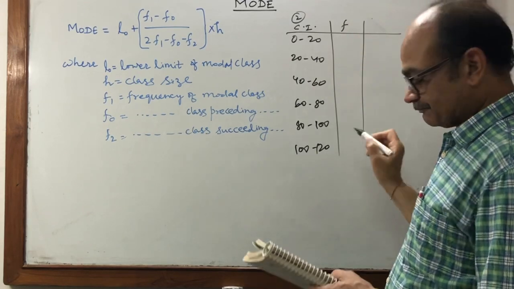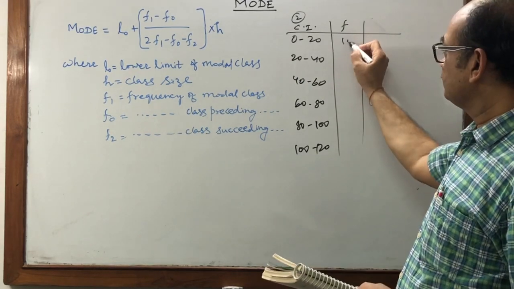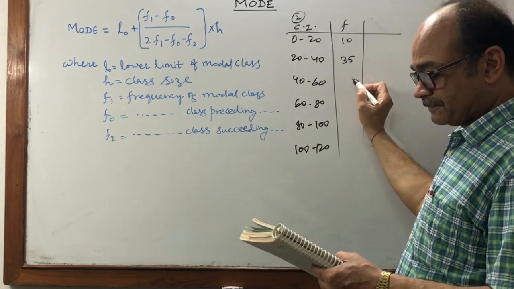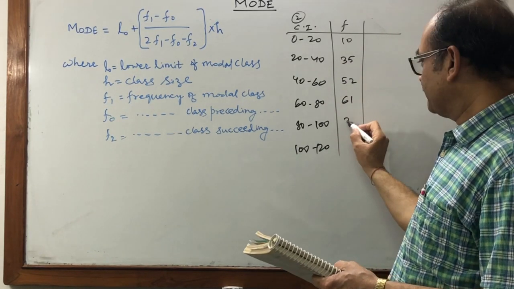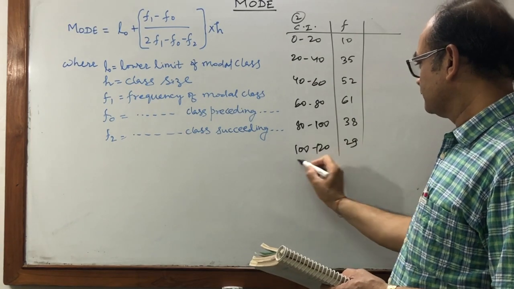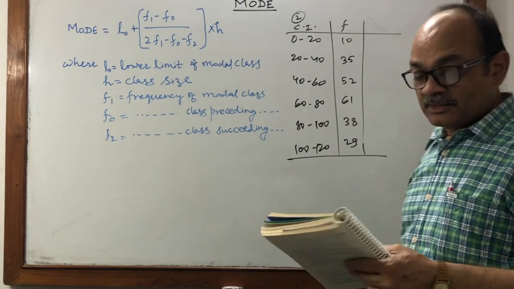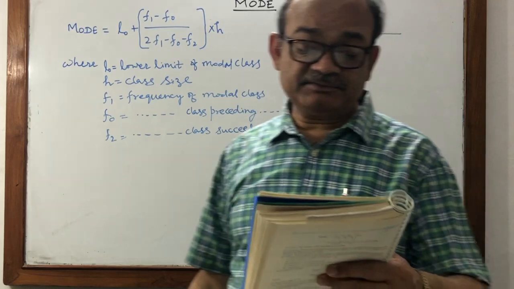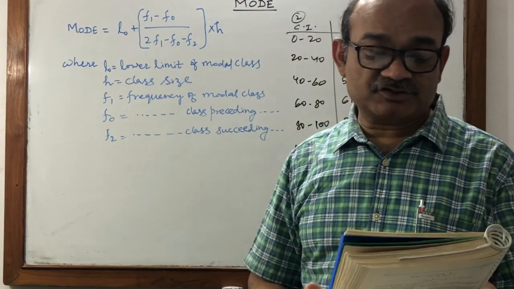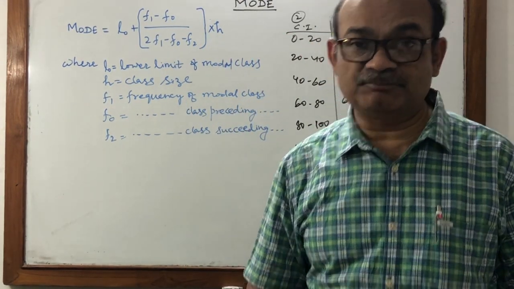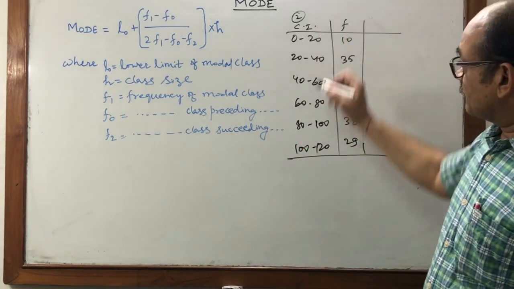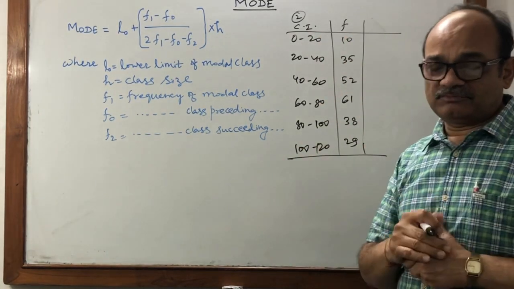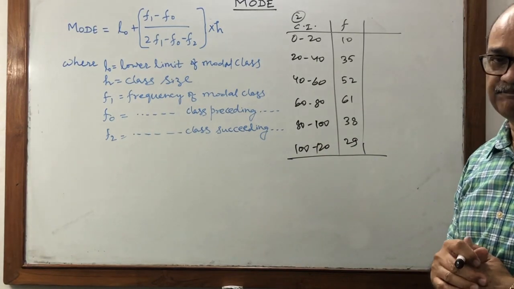Frequency is 10, 35, 52, 61, 38, 29. The following data gives the information on the observed lifetime in hours of 225 electrical components, maybe tube light, maybe bulb, whatever the things. The question is, what is the mode of this given data?